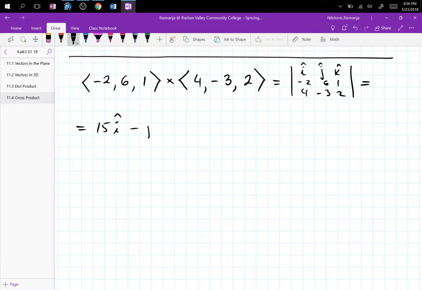And then minus J, that's -4 minus 4, -8, so plus 8J. And then plus K, that's 6 minus 24, right? Yeah, 6 minus 24, that's negative 18. So the vector is 15, 8, negative 18.